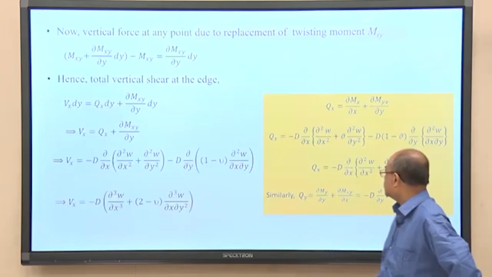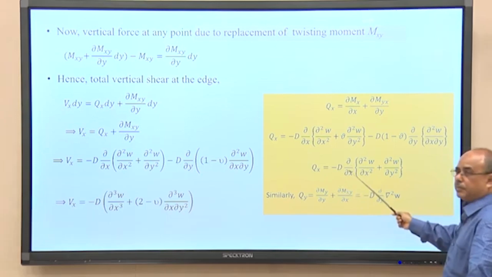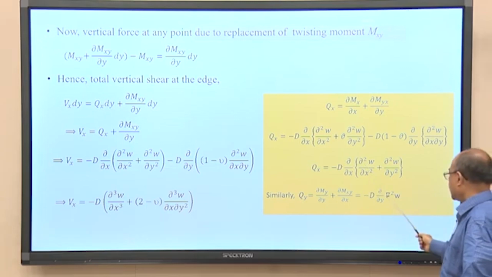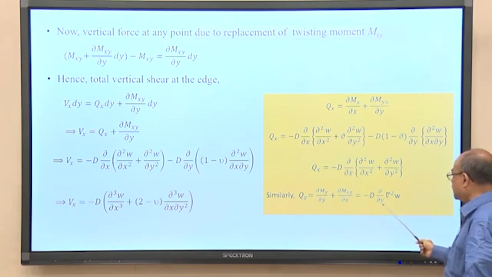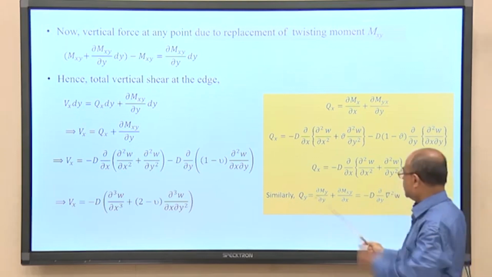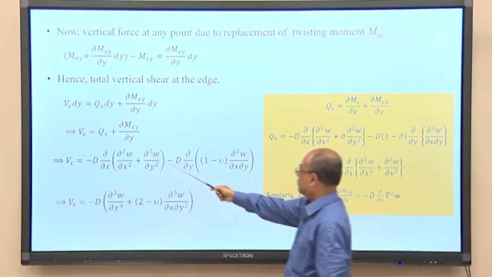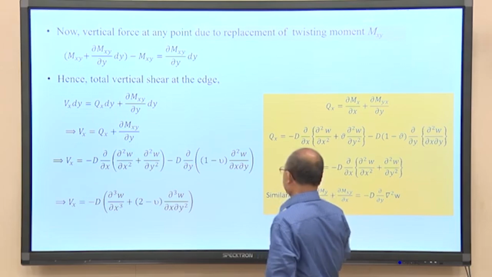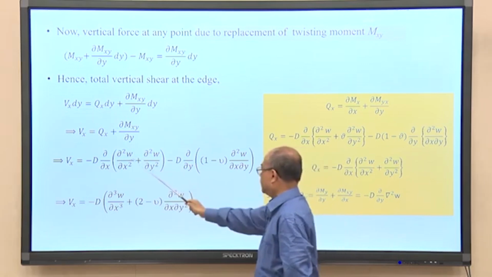So, we can now say that q x is nothing but minus D del by del x into del square, the Laplacian operator, into w, and for q y the derivative has to be taken with respect to y. So, once we know the expression for q x, now substitute it here.